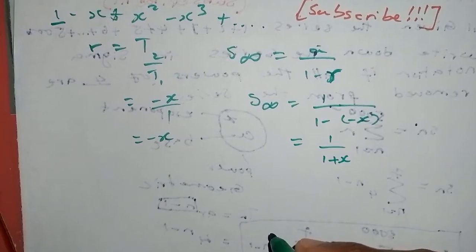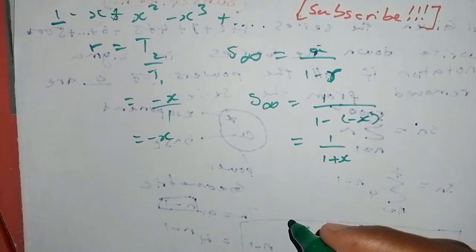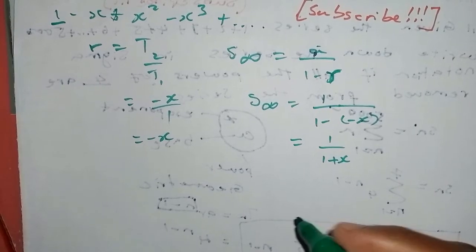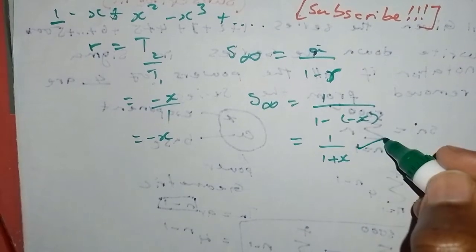But they said we need to determine the values of x for which the sum of the two series is equal to 8. The sum of series number 1 is this one, and series number 2 is this one.